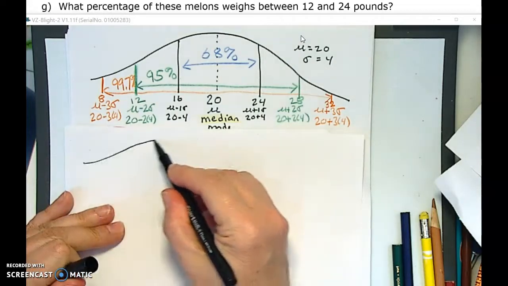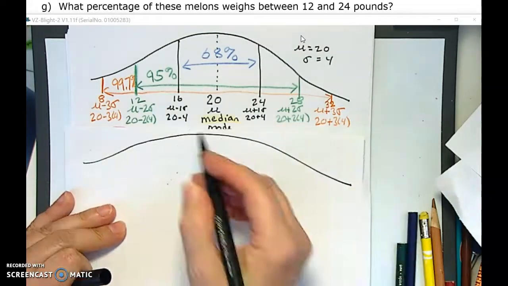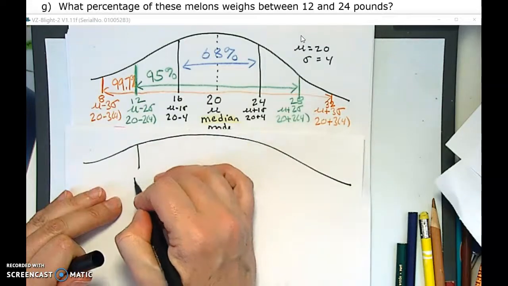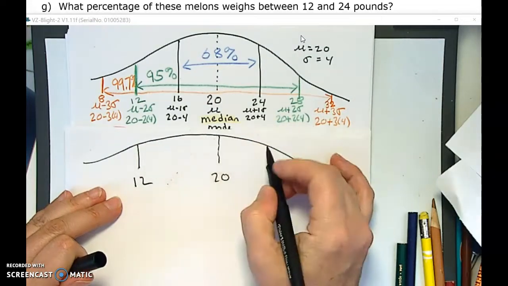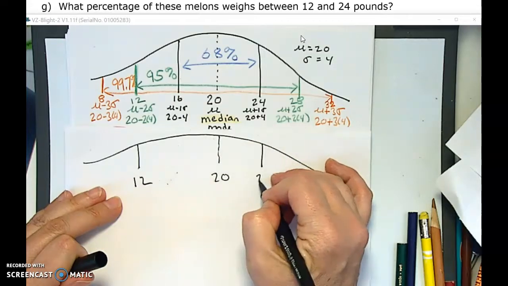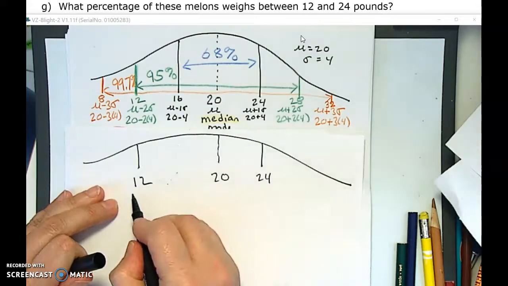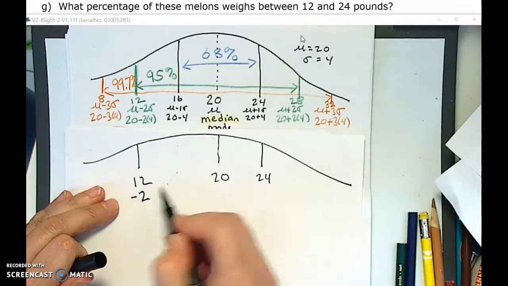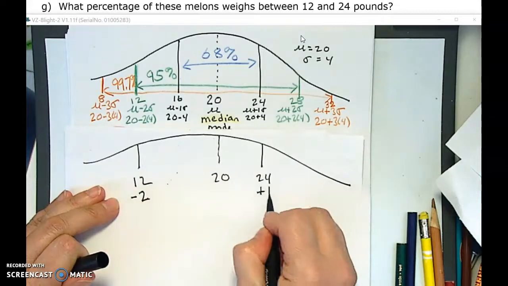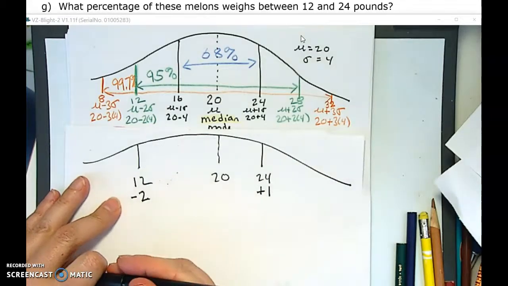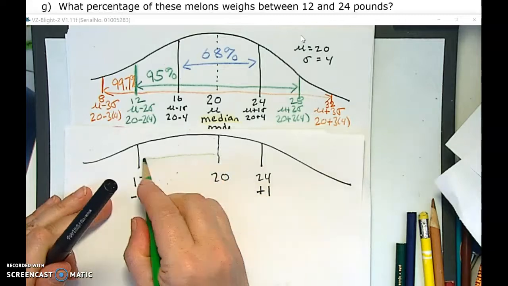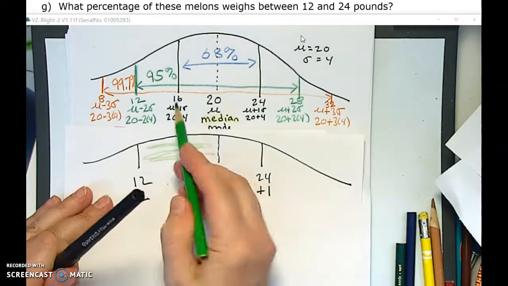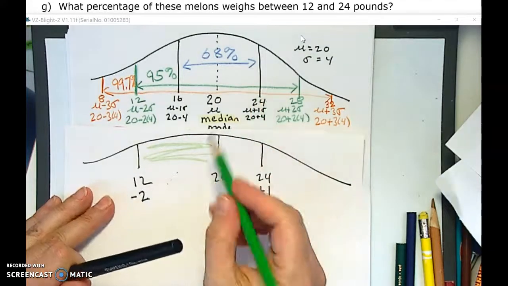So here's sort of the normal curve, hopefully. We've got 12 to 20, and we've got 20 to 24. So this is minus 2 standard deviations, and this is plus 1. Using the symmetry, we know that 12 to 20 is half of this green 95%.